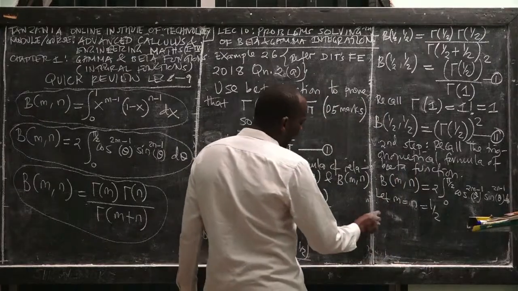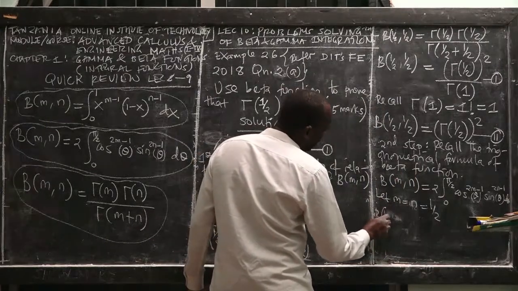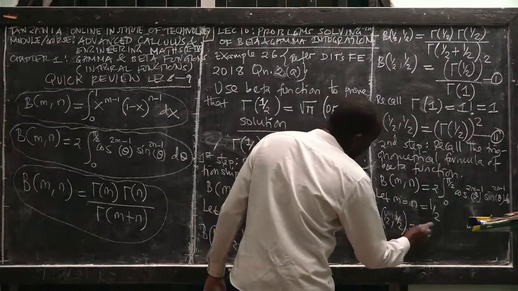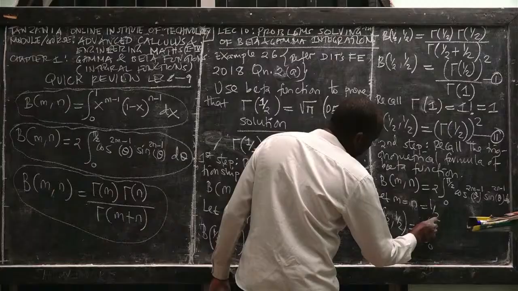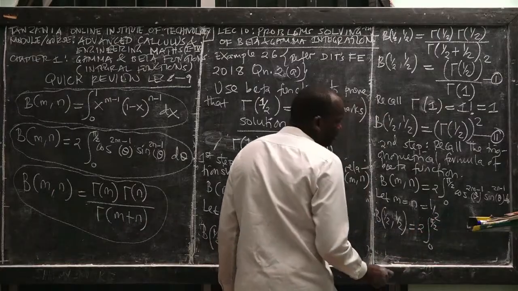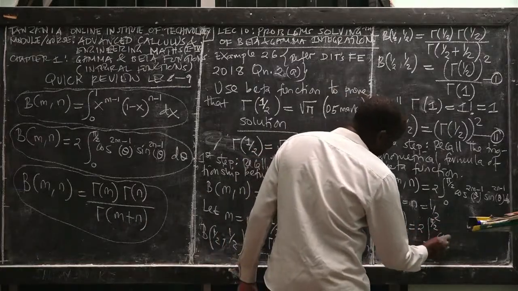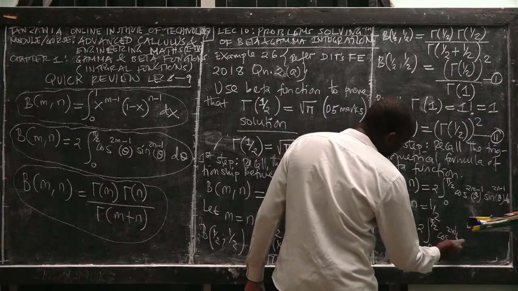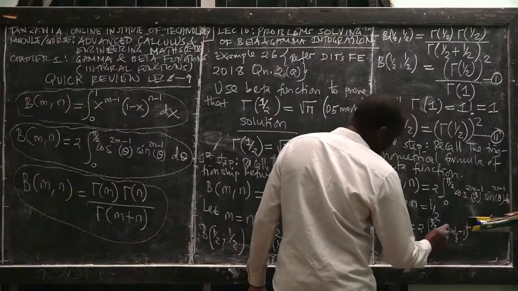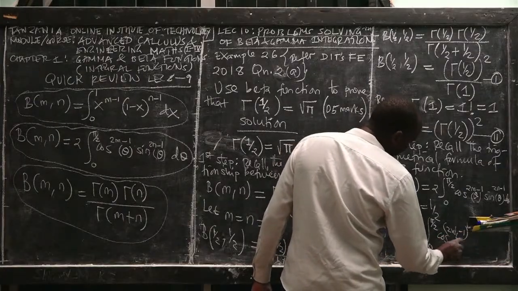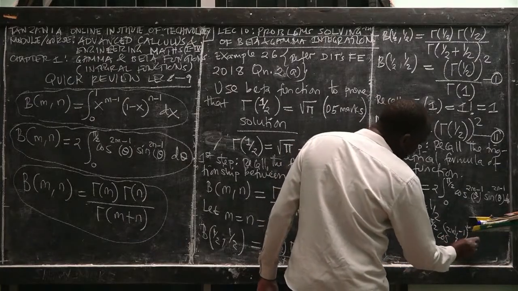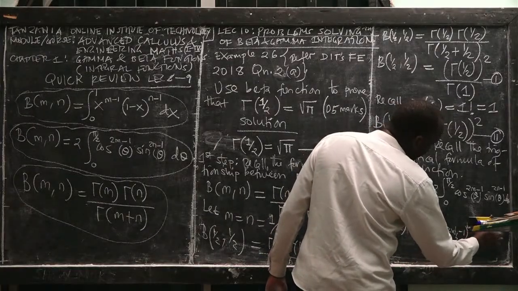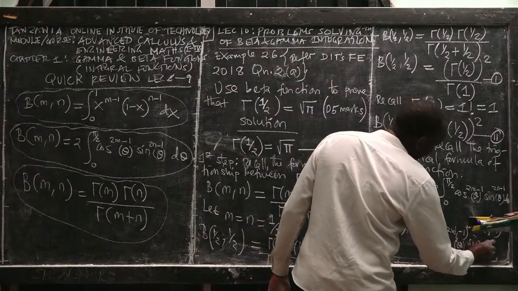So beta of a half, comma half, is equal to twice the integral from 0 to pi over 2 of cos of 2 multiplied by a half minus 1 theta, then sine of 2 multiplied by a half minus 1 theta, d theta.